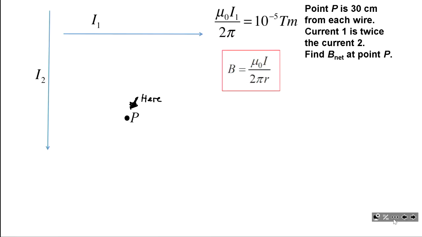And again, we almost always choose from 6 standard choices for a direction. It could have been up or down, right or left, into the screen or out of the screen. So for magnetic field number 1, what direction should I choose?